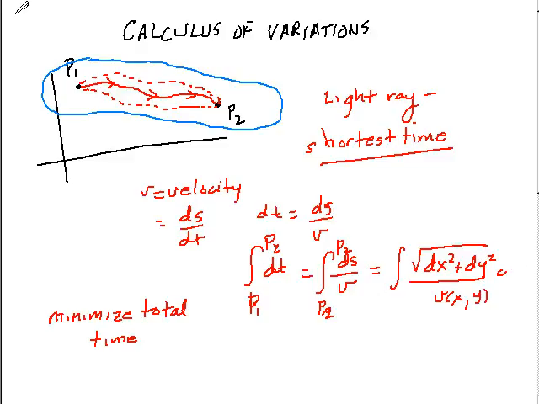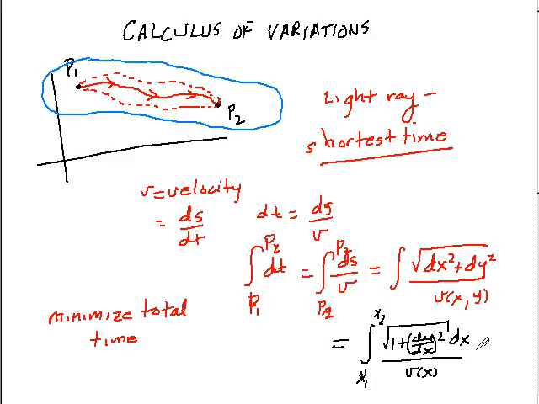And you could rewrite that as the integral, factoring out a dx, of the square root of 1 plus (dy/dx) squared, divided by v of x. So if I knew the velocity as a function of x for every point in this medium, I could integrate from x1 to x2, and this is the total time.